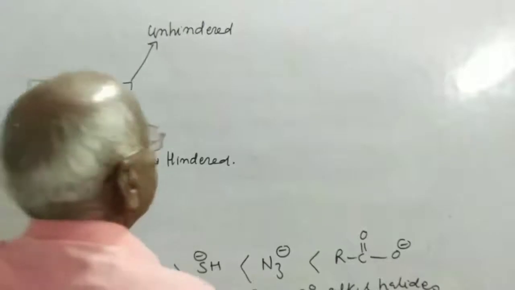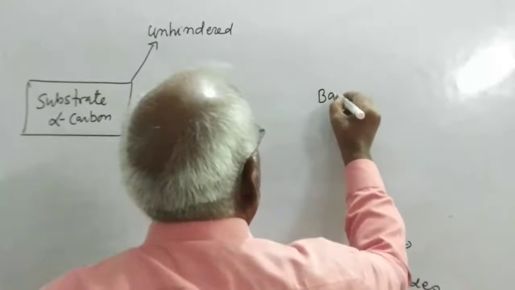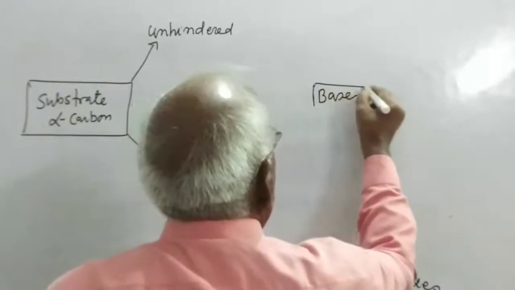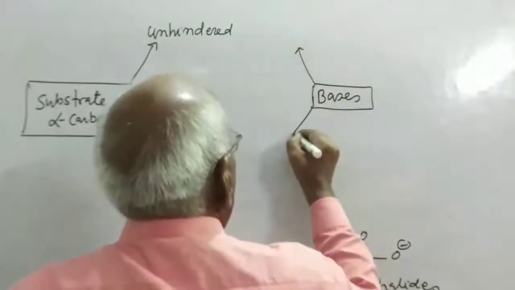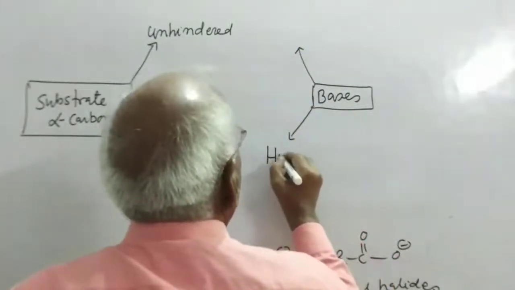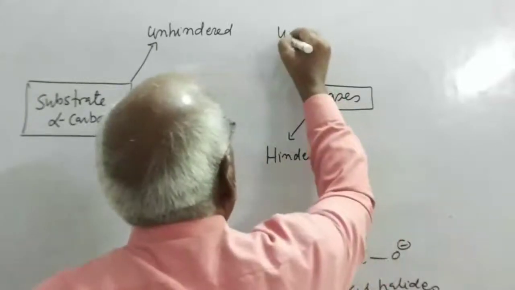There are 2 cases for the substrate. Similarly, there are 2 cases for the bases. The bases may be hindered or unhindered.